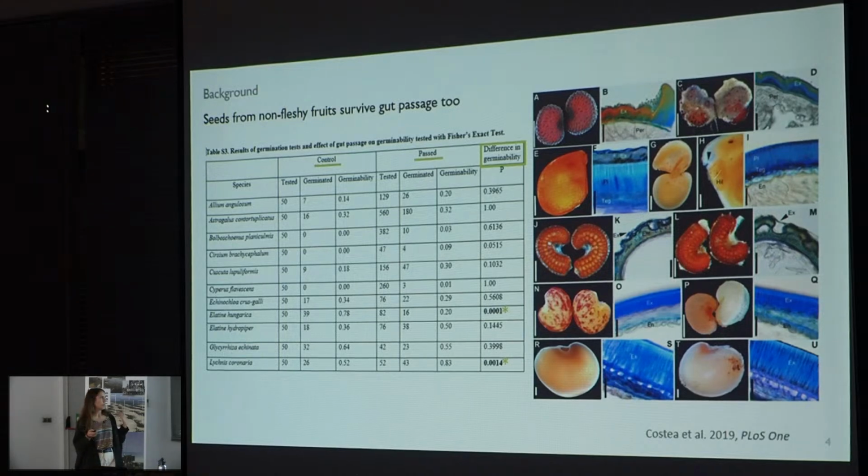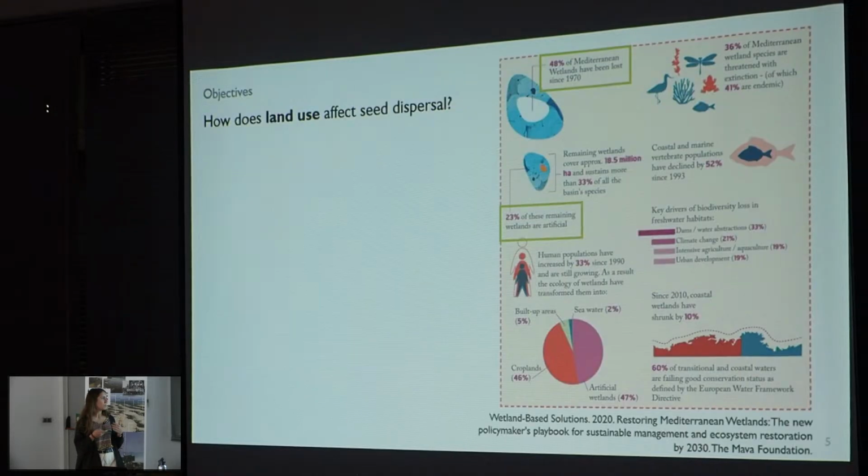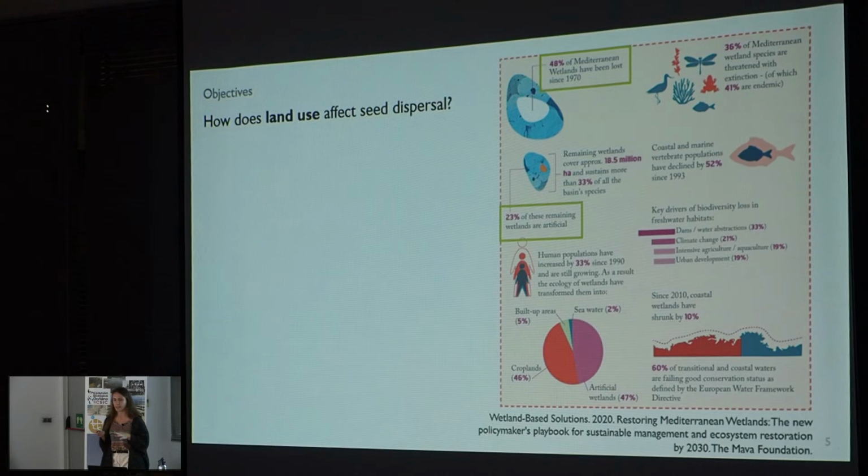So now that we know that this process exists and that there have been great advances in the last decades, we want to address with this thesis some topics that remain understudied. For example, we would like to see how land use is affecting seed dispersal, since we are performing great habitat transformations.